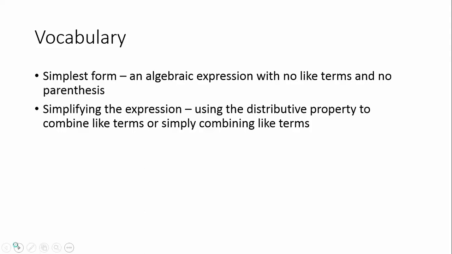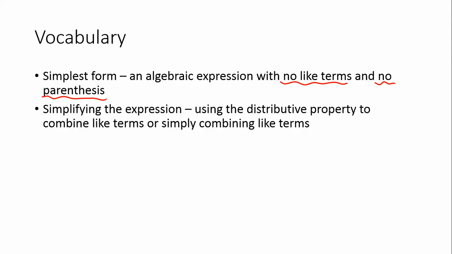A couple more vocab terms, simplest form and simplifying an expression. An expression is in simplest form when there are no like terms and no parentheses. So that means you've done the distributive property and you've cleaned up or combined everything you possibly could.